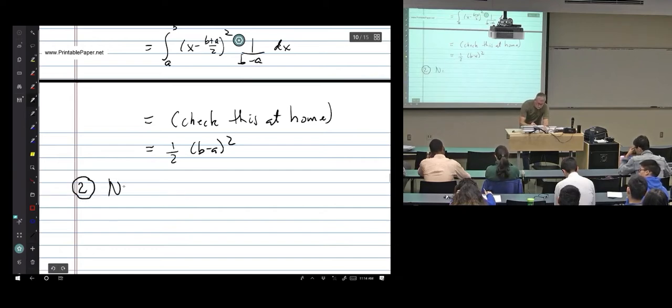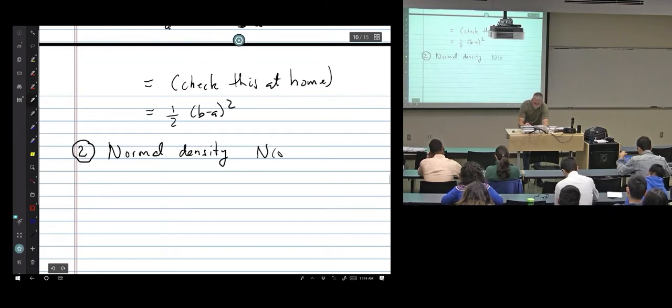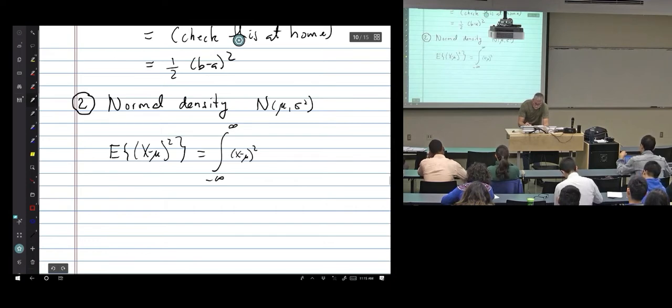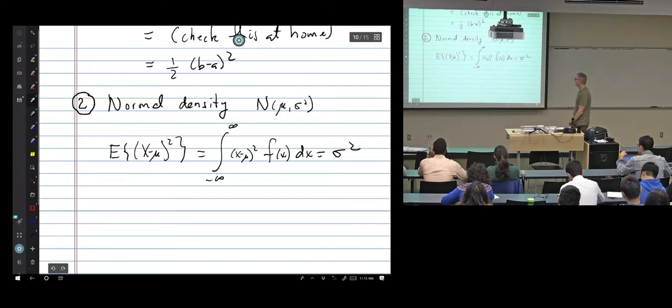For the normal density, with mean mu and variance sigma squared, expected value of X minus mu squared equals the integral from minus infinity to infinity of X minus mu squared times that normal density that I'm not going to copy in, but you just get sigma squared.